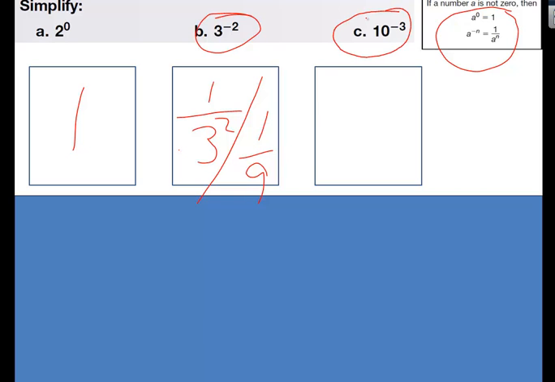So doing that same thing on C here, what would you say that 10 to the negative 3 is? Well, if you write it with an exponent, you're going to write it just like this. But if you're going to solve it, you're going to write it like this, because 10 times 10 times 10 equals 1,000.